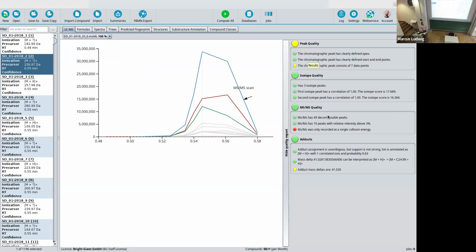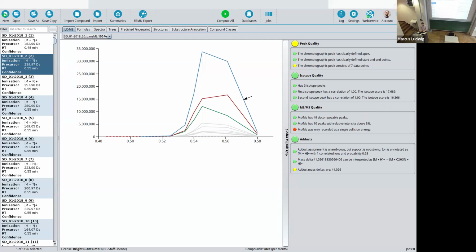Do we have sufficient fragments in the MS2? Do we have sufficient isotope peaks to do some good analysis? Do we annotate the adduct because we see some other precursor peaks that match an adduct of this feature?